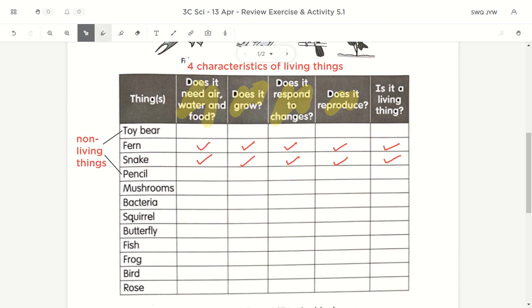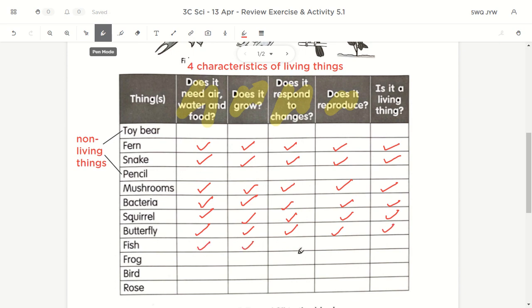So with that, I think it's quite straightforward. Mushrooms has all four. I'm just going to tick everything. Bacteria has all four because it's a living thing. Squirrel has all four. Butterfly has all four. Fish as well, definitely a living thing.